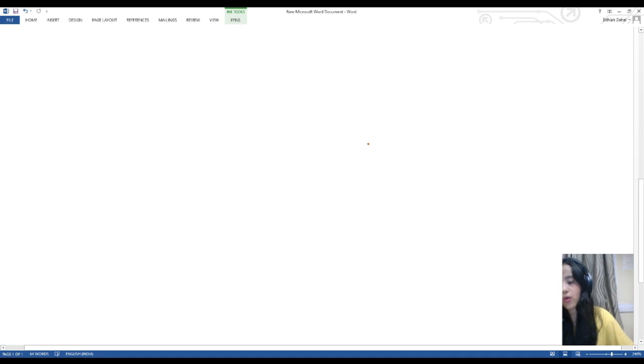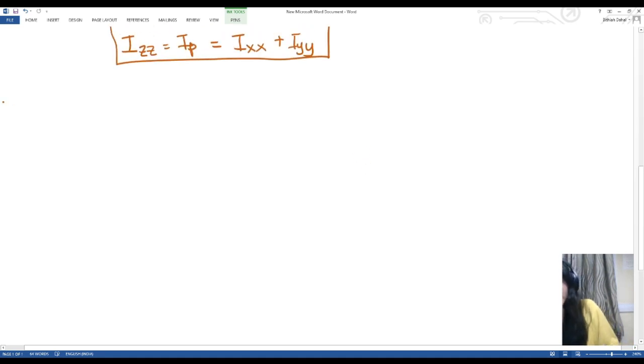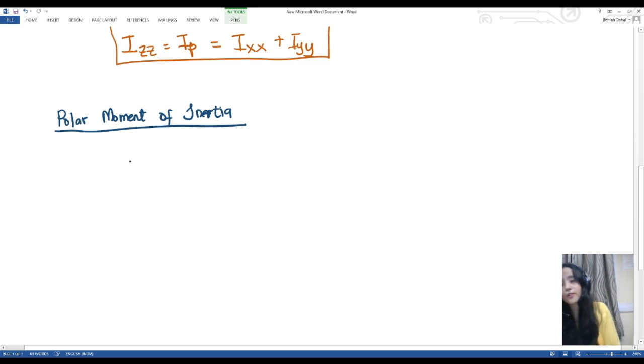So let us see the polar moment of inertia of different sections. First, the polar moment of inertia for a solid circular section.